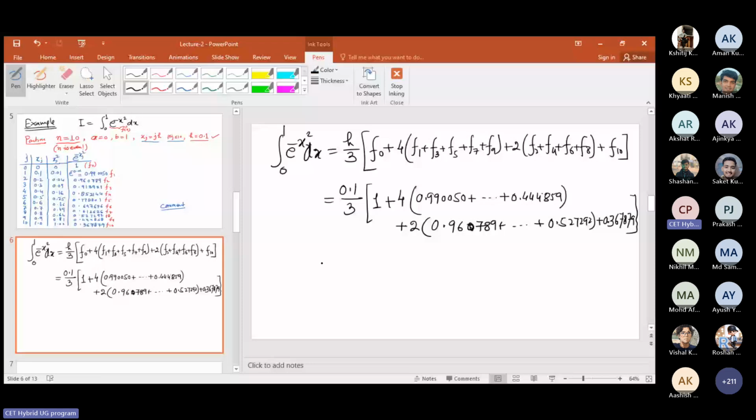If you have a calculator, you check the value. This value should turn out to be 0.1/3, 1 plus 4 times 3.740266 plus 2 times 3.037901 plus 0.367879.